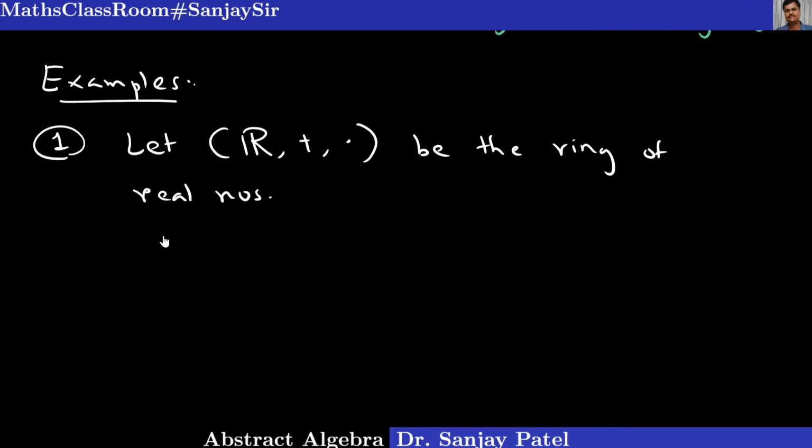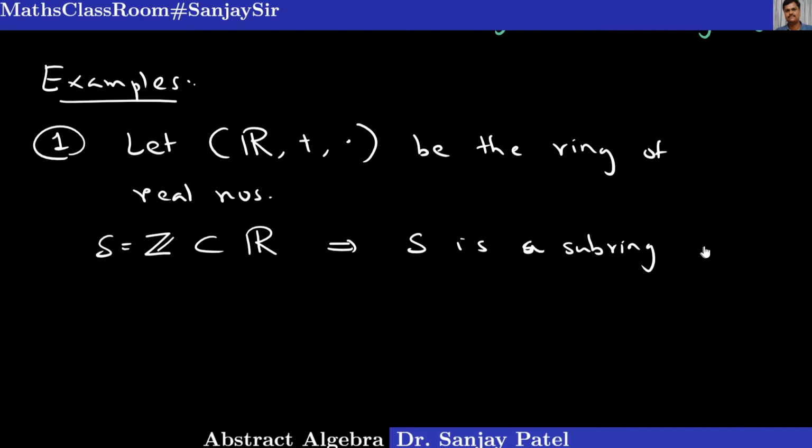Then we know that if I take S equal to Z as a subset of this R, then S is a subring, rather Z is a subring.